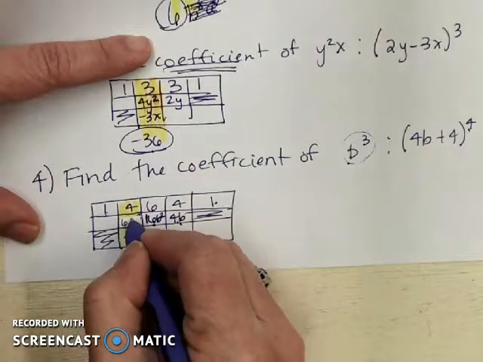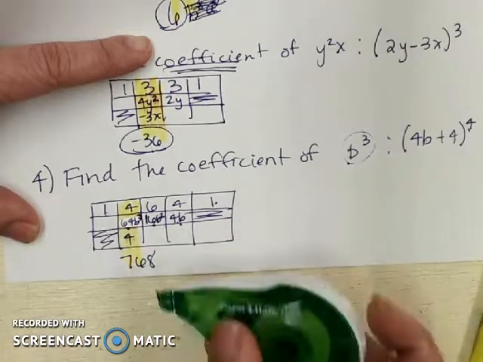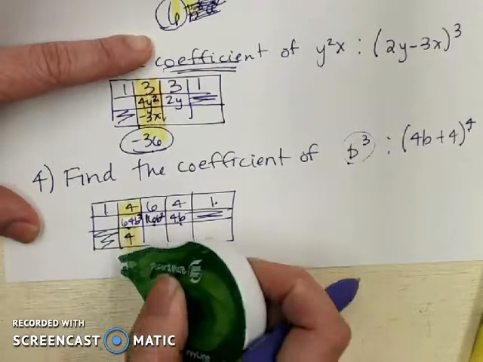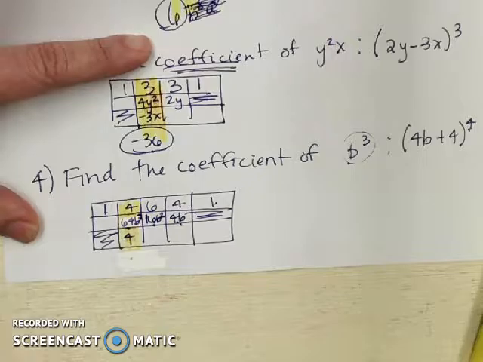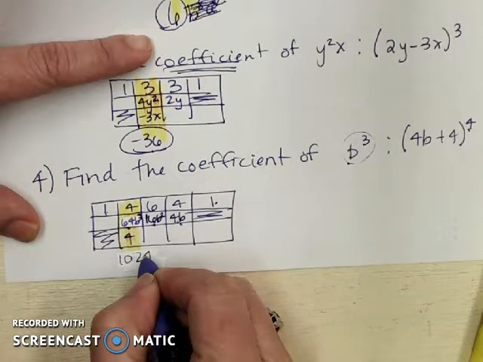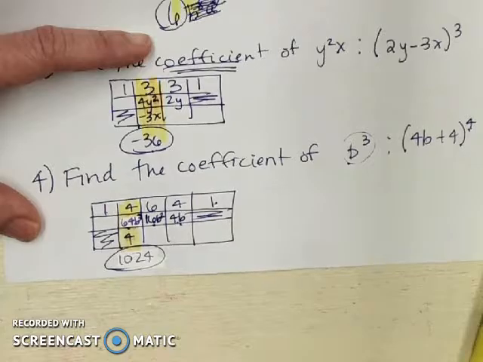So that's 64b to the 3rd. And then that's going to change this answer. And my whiteout's not going to cover that. There we go. So I've got 4 times 64 times 4 is going to give me 1,024. That is the coefficient on this term. And that's all we're looking for.